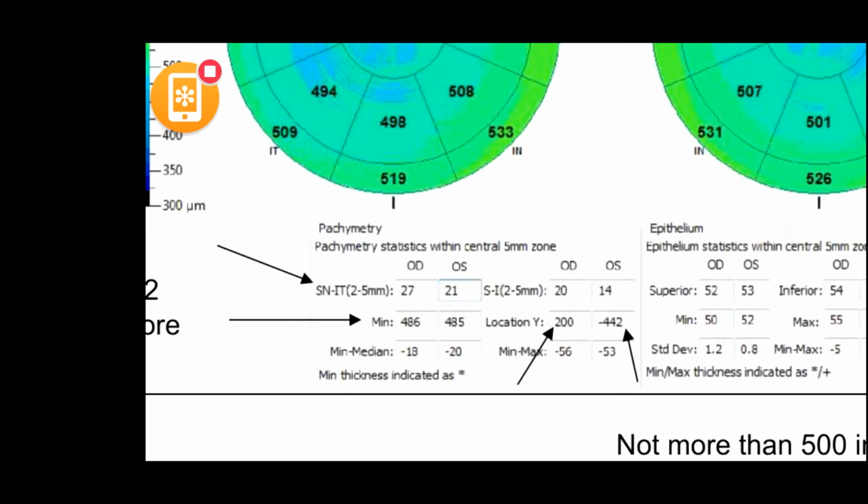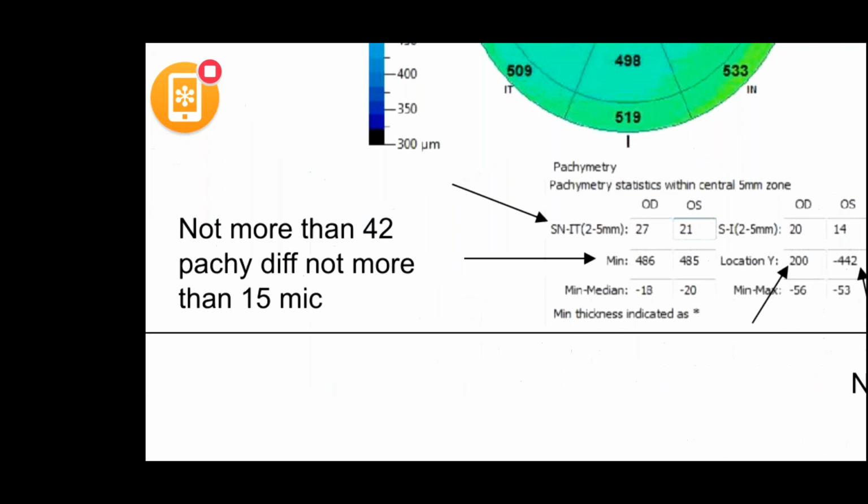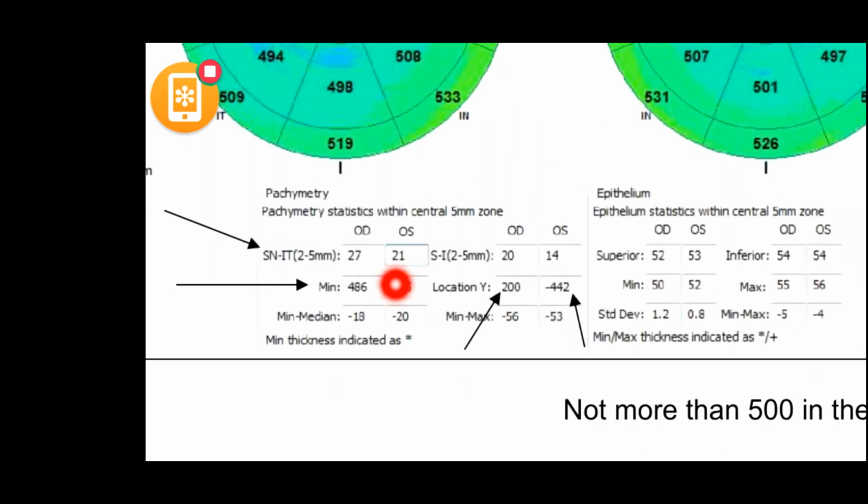Then he's telling you the pachymetry is about 486 in the right eye and 485 in the left eye. It is a thin cornea, but when you look at the difference between the two corneal thicknesses, they're very symmetrical. This is very important. If the corneas are very symmetrical, then you really don't doubt it.